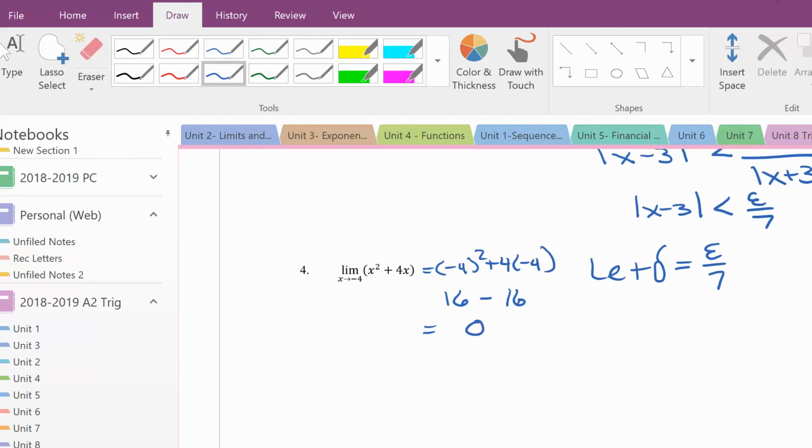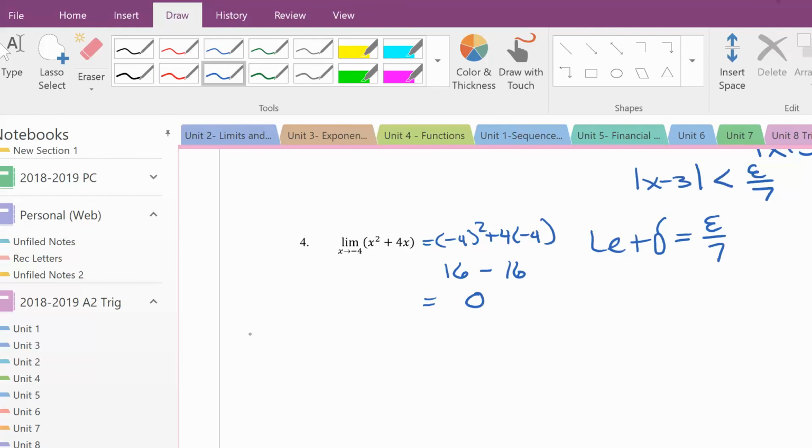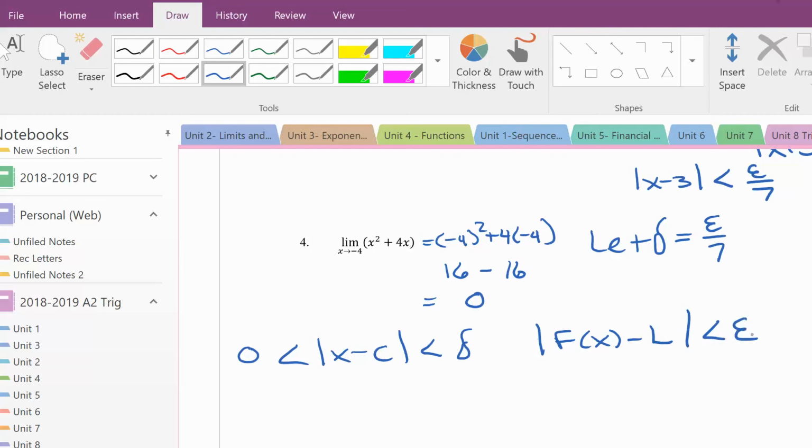So that's the limit. So that's our L. So now the horizontal distance, x minus c, is less than delta. The vertical distance is less than epsilon.